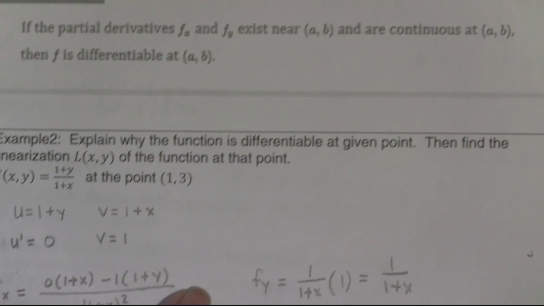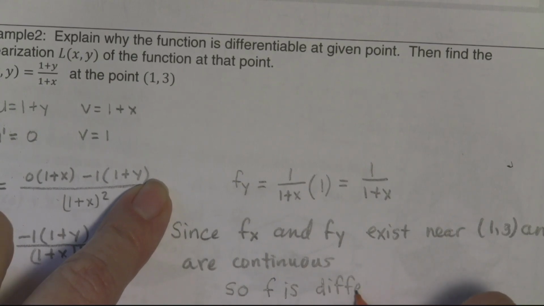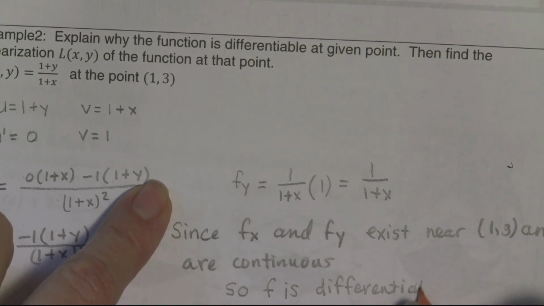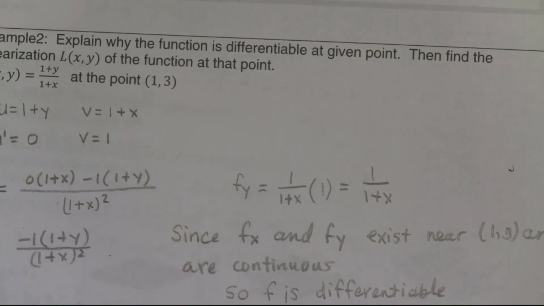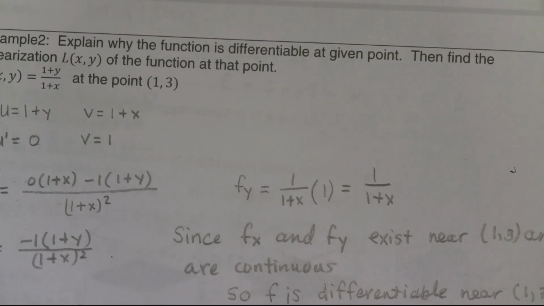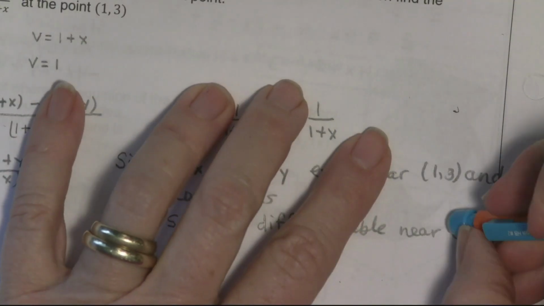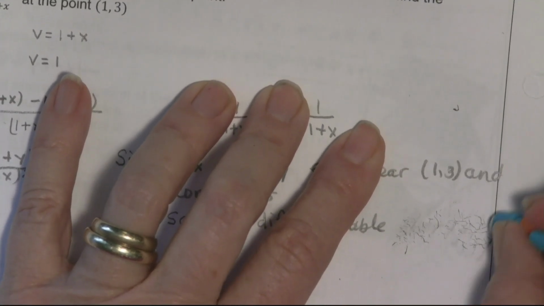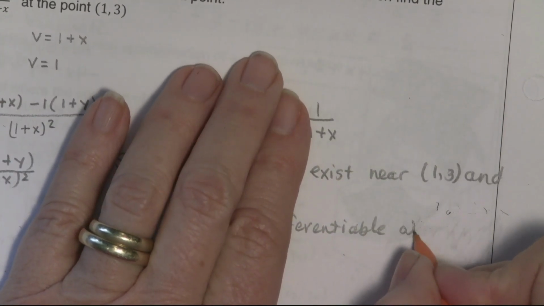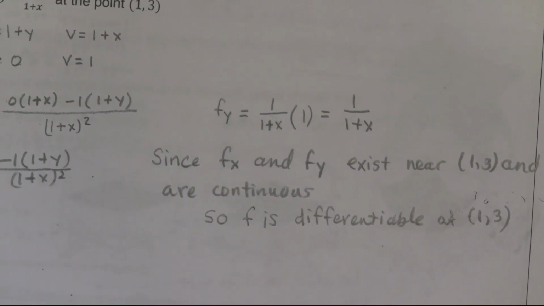So since both of those things are true, f is differentiable in that little neighborhood near (1, 3). So differentiable at (1, 3), and I'm going to say at (1, 3) because that's what they really say in the theorem. And that's what they asked us to show.